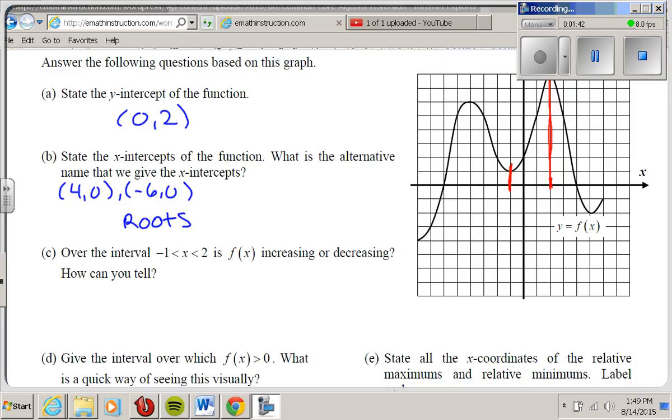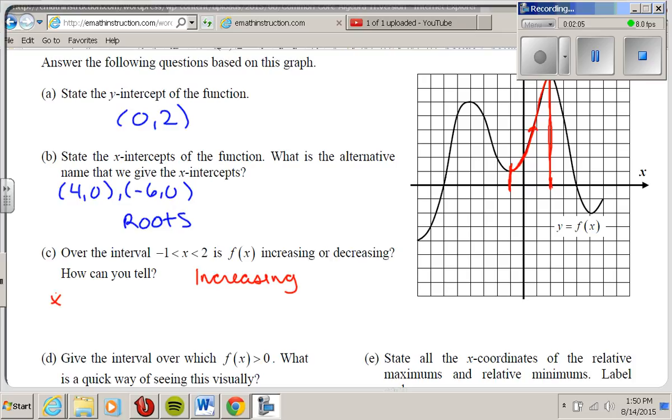That's what I'm looking to understand. Again, we're reading left to right. So if I were to jump on this function and ride it along the interval, am I increasing in my height or am I decreasing? Since we had to go up, I would say that my function is increasing.